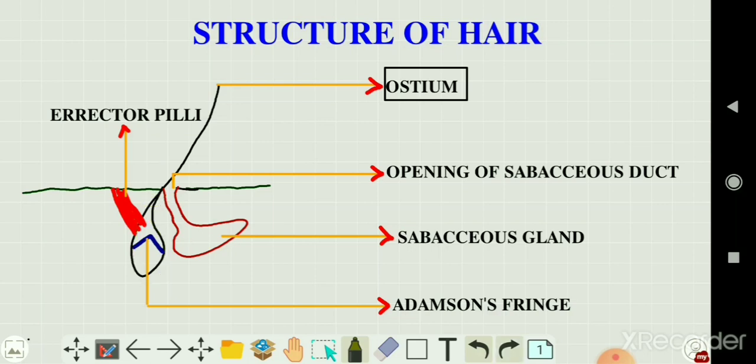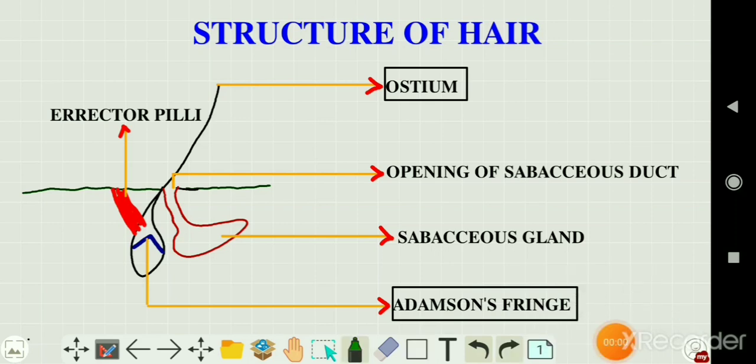Within this bulb there is an inverted V-shaped structure or V-shaped bulge which is known as Adamson's fringe. Adamson's fringe is an inverted V-shaped bulge which is present within the bulb of a hair follicle.